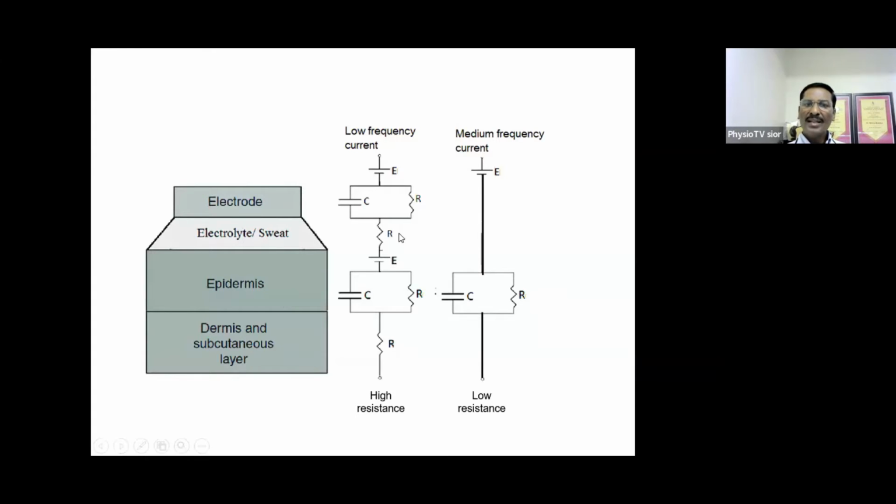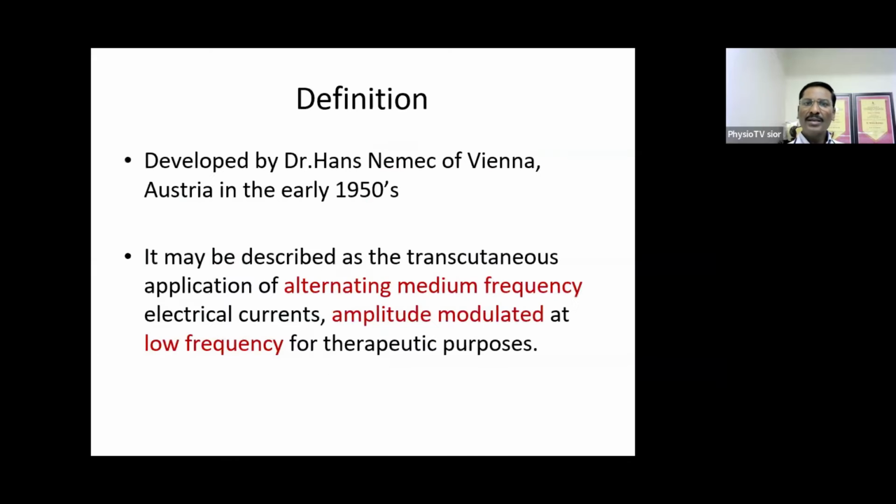They form resistance in series, and of course there is some capacitance also based on the layers of the skin and tissue. So basically, this is a combination of resistances in series. In low frequency current, the skin offers greater resistance than in the medium frequency current. When you are using medium frequency current, the skin resistance is low. And if you are using very high frequency, even then the skin resistance will be low.